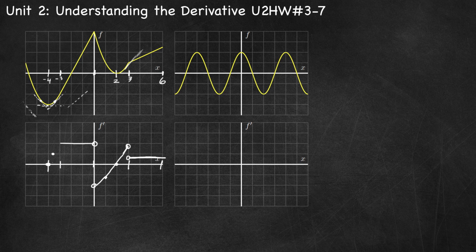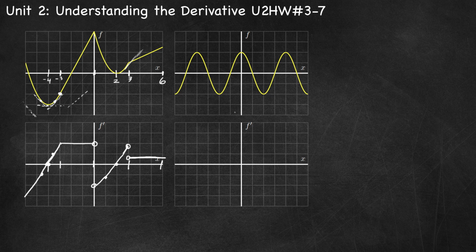The tangent line would have a slope of -1. So following that down, -1. Okay, and I've got my points. Now the derivative does exist here. So I'm going to go ahead and just connect this up. I don't have an open circle there. And follow my derivative down like that.